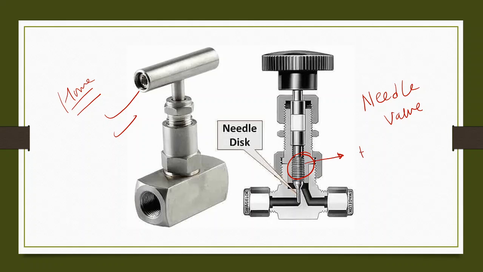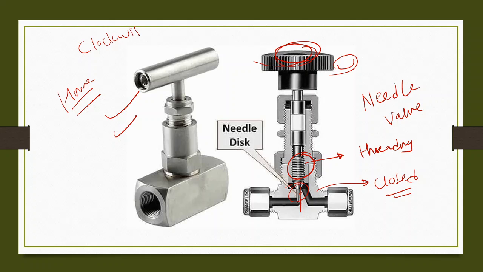Now how does it work, what is the working of this? You will rotate the top end, and this threading, this needle part will come down, and the opening will be closed. Now when you rotate in the opposite direction, when you are rotating in clockwise direction, it is getting closed, but if you rotate in anti-clockwise direction, it will open.